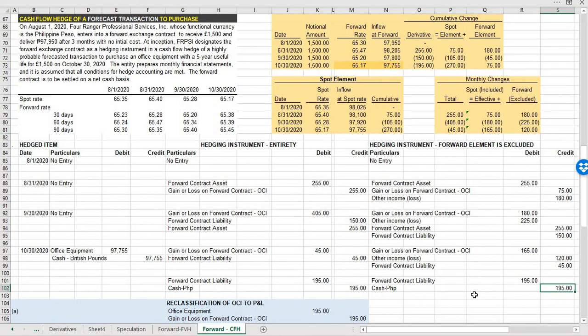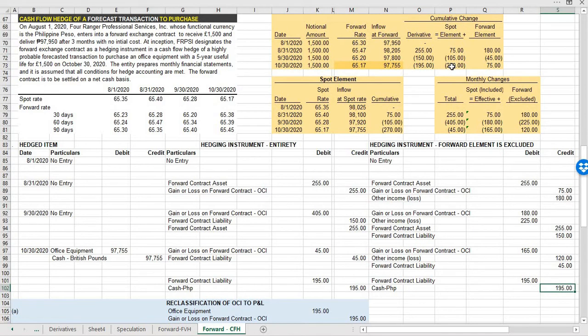Pero, meron pa rin tayong real account, which is the other comprehensive income, na meron ngayong balanse na 270 pesos at siya ay loss. Kung ititingnan nyo, meron tayo ritong credit na 75 sa OCI, debit na 180 at debit na 165. Pag kinuha natin ang net effect niyan, yan ay may net balance na 270 pesos na loss.